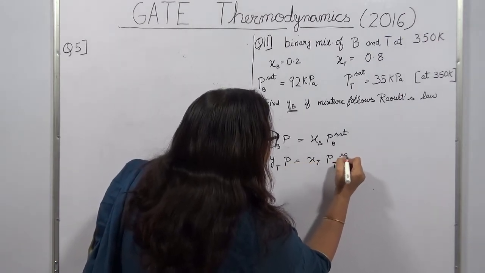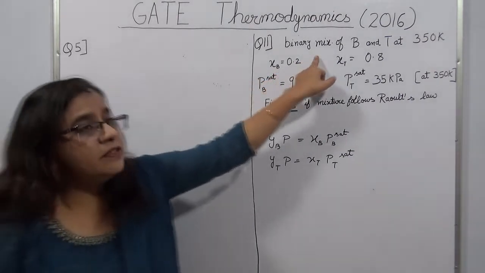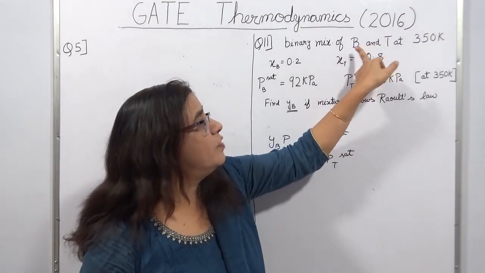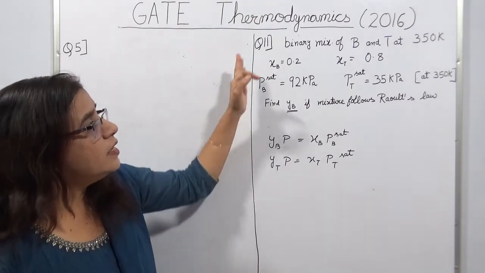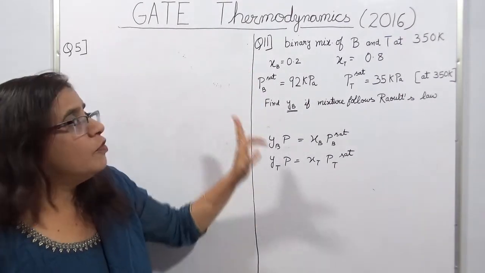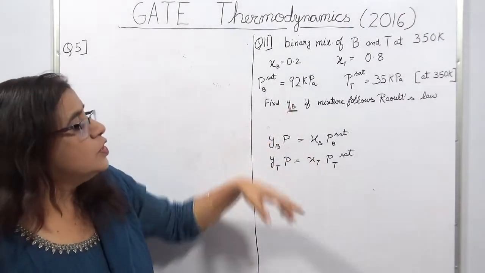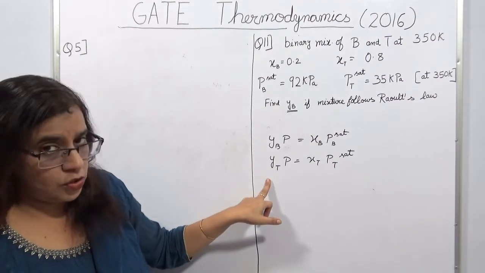Now, I have told you that if you have a mixture which consists of two very closely related species, like over here benzene and toluene, they are chemically very similar, then you can apply Raoult's law for all the concentrations.